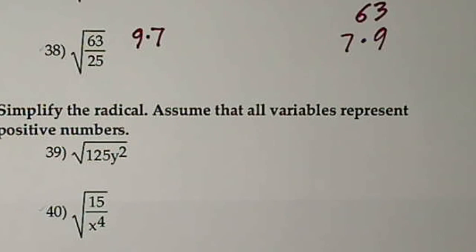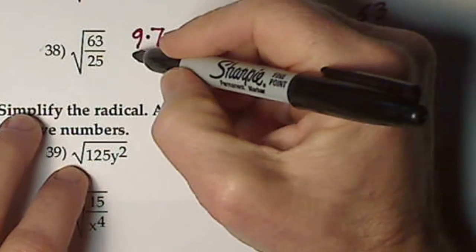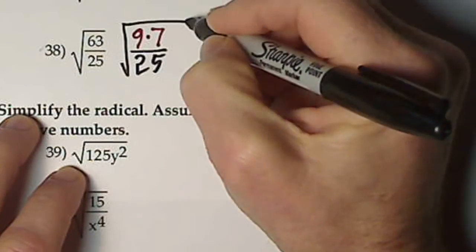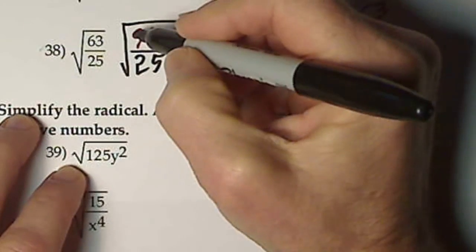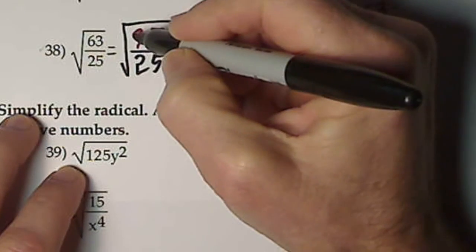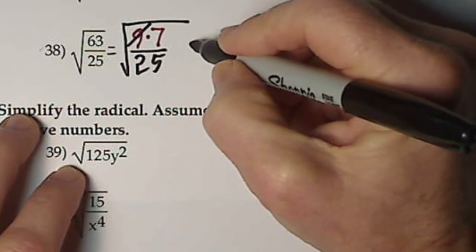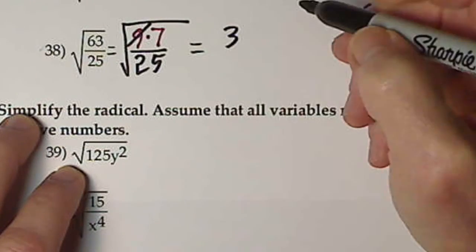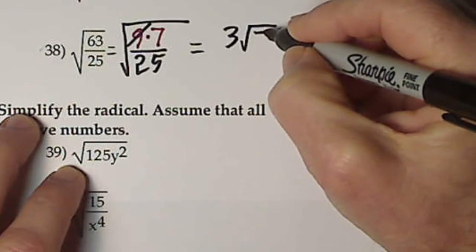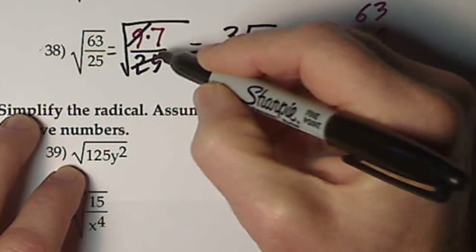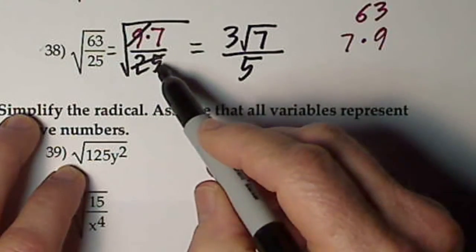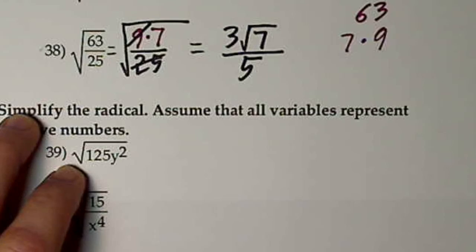Okay, and all this is still under the radical sign. 25 is a perfect square, so I'll just leave that as it is. Okay, and now, so that's equal. The square root of 9, I guess I'll go sideways here, is 3. This 7 is trapped underneath the radical sign. The square root of 25 is 5, and so for the denominator there's nothing trapped under the radical.